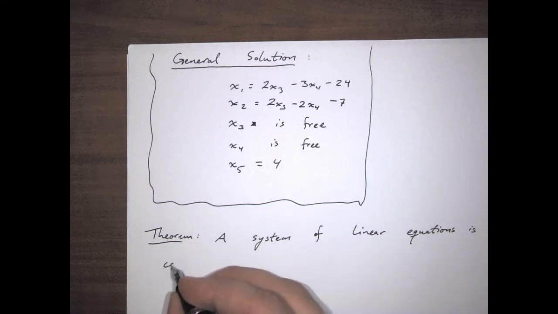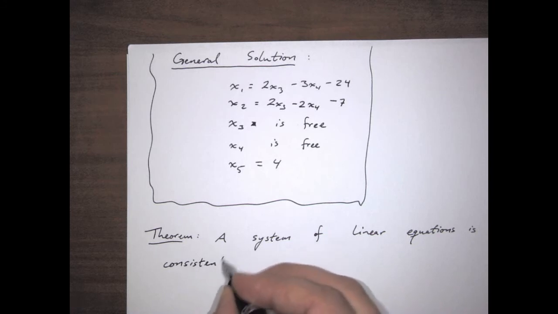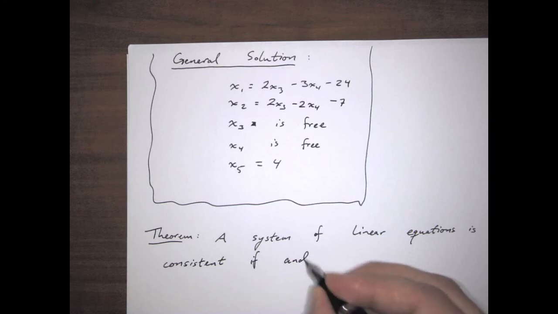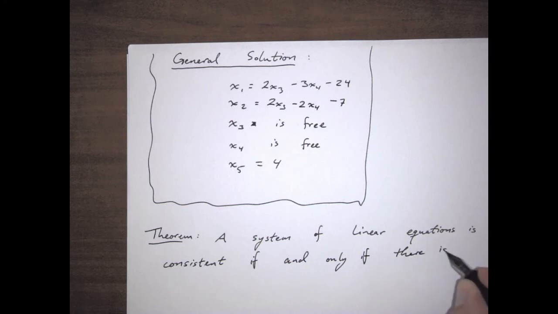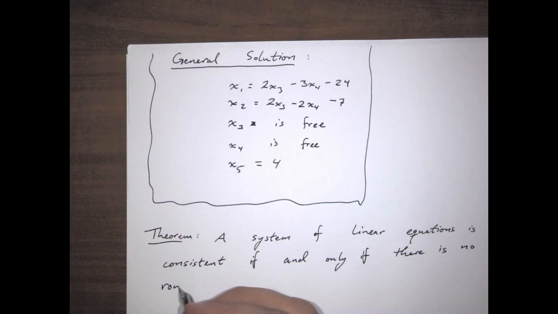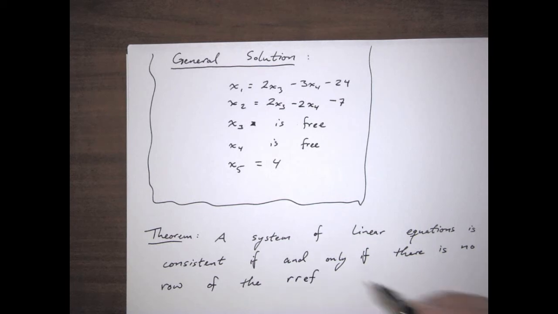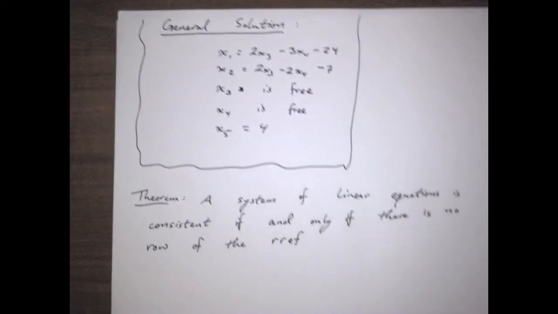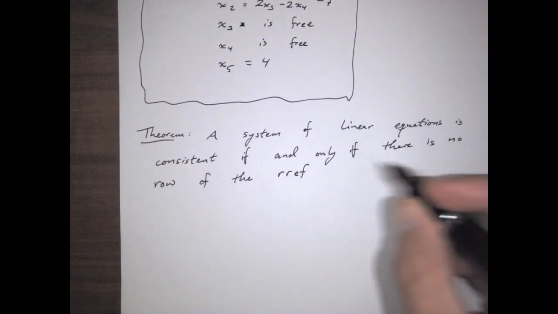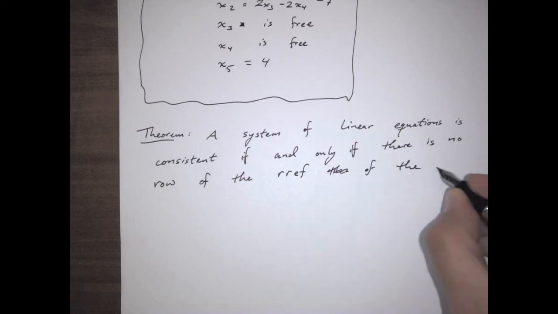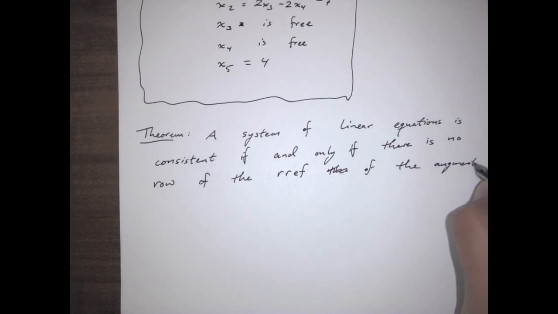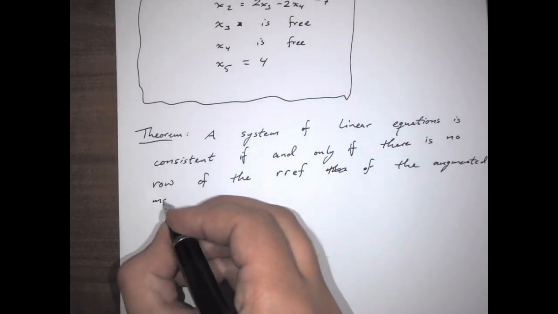A system of linear equations is consistent if and only if there is no row of the RREF, that was again reduced row echelon form, of the augmented matrix.